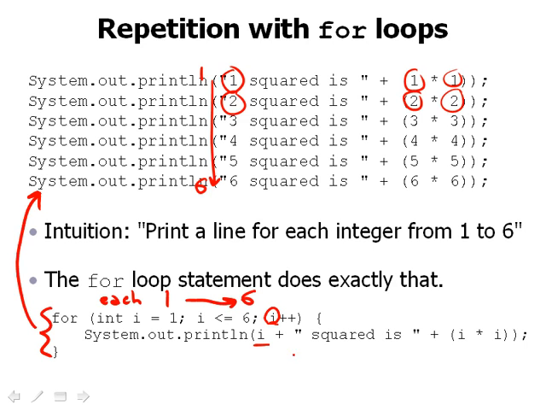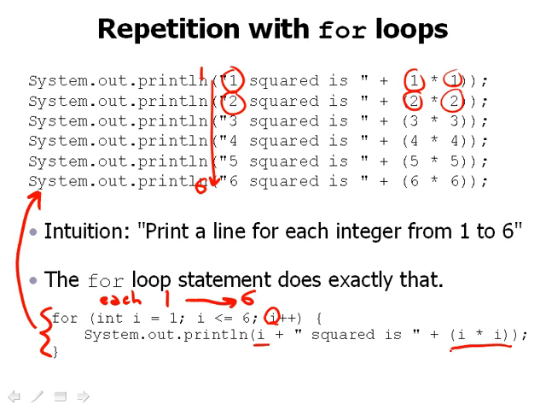So I want to print the number i plus itself squared, and I want to do that for each number i between 1 and 6 inclusive. So that's sort of the quick way of interpreting what that set of statements does. So that's a much more compact representation of the same behavior.